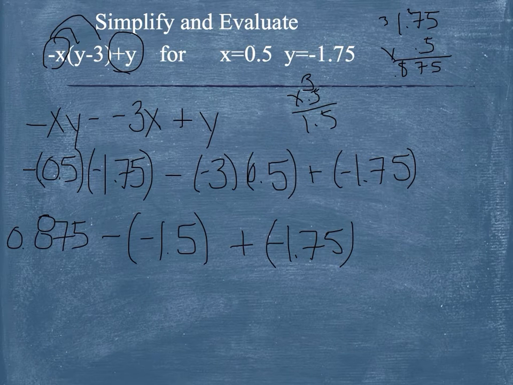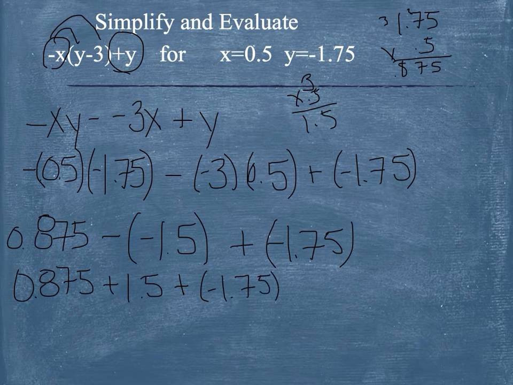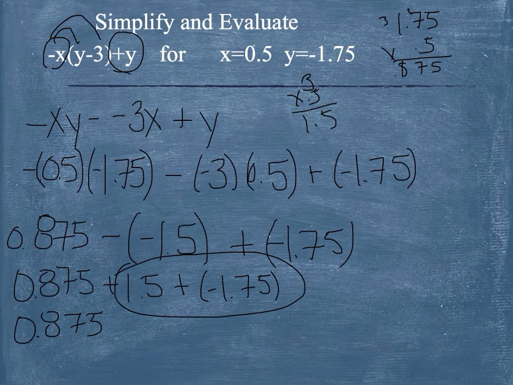Now remember, because of order of operations, I'm actually adding all of these numbers. So I can add them in any order that I want to. I'm going to add these two first, because that will give me 0.875 plus negative 0.25.